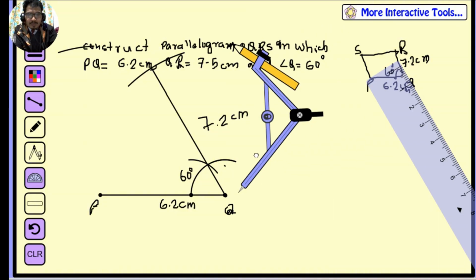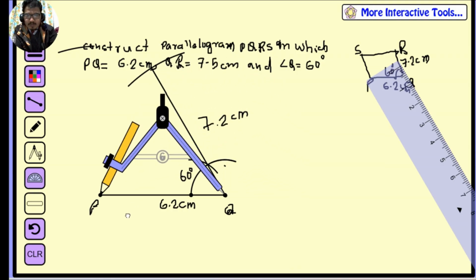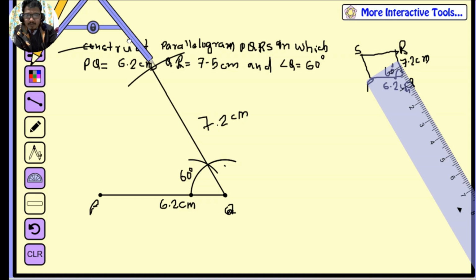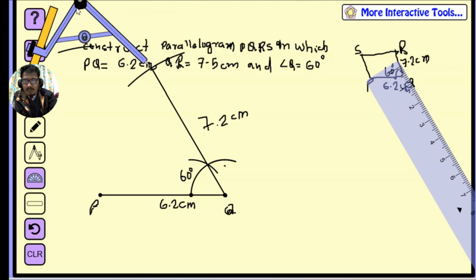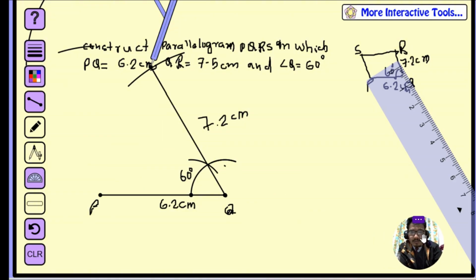Then as we know opposite sides are equal, that's why we have to take this side's length equal from P to Q. Now it is going a little bit out, that's why draw like this, cut like this. And now see here, from here to here it is 7.2.